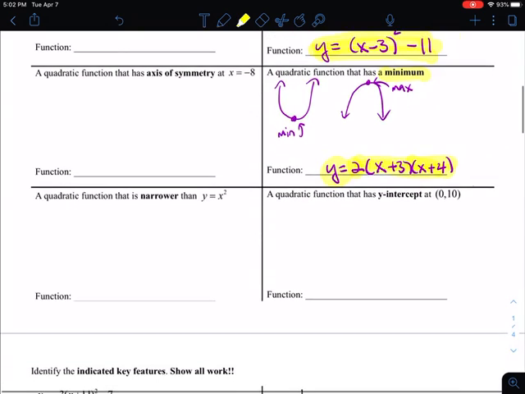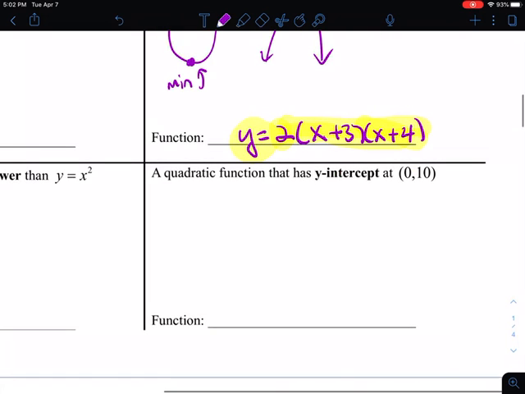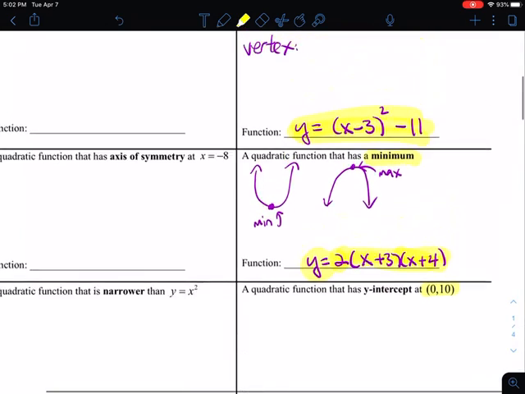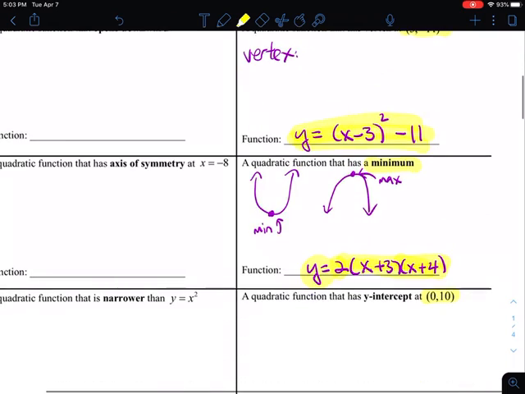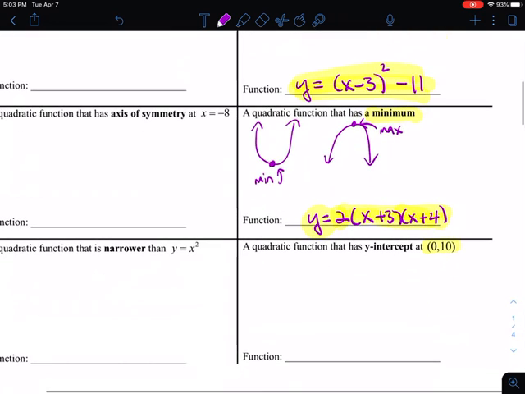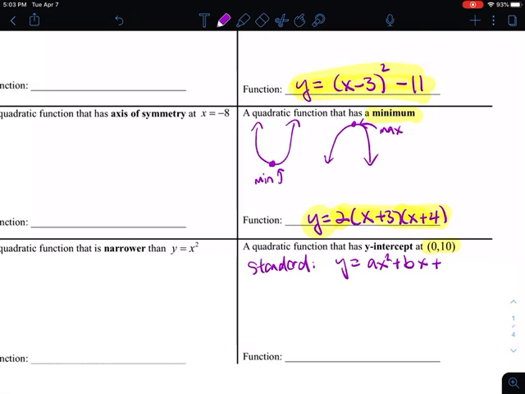Okay, so you have lots of options here. And then let's take a look at maybe the one right below that. Now we want a y-intercept at 0, 10. So the question is, which form should we use? In this case, there is one that's the easiest, and that's the standard form. Remember the general form is ax squared plus bx plus c.